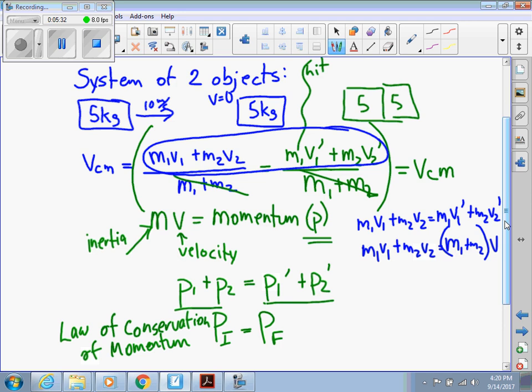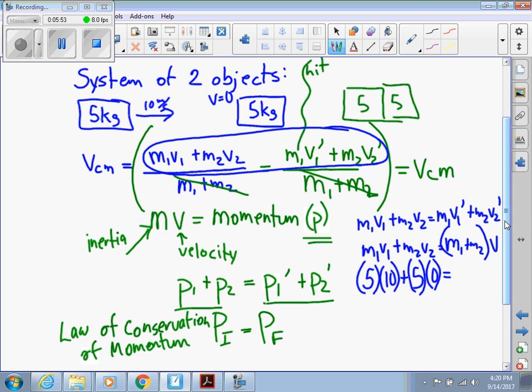And so we can use that to find out what's going on in this situation. Our 5 kilogram mass is moving at 10 meters per second originally. And our other 5 kilogram block is not moving, so it has a velocity of 0. We can figure out how fast the two blocks that are stuck together are moving after.